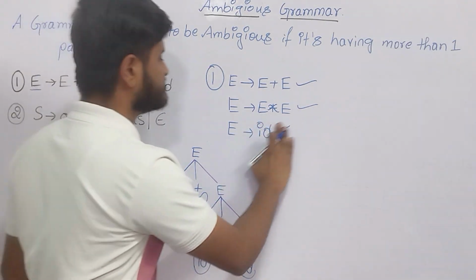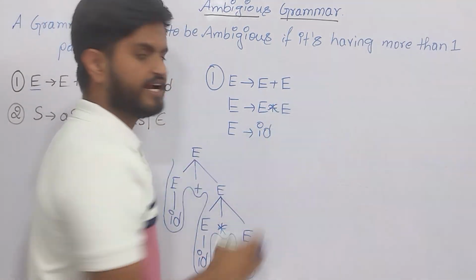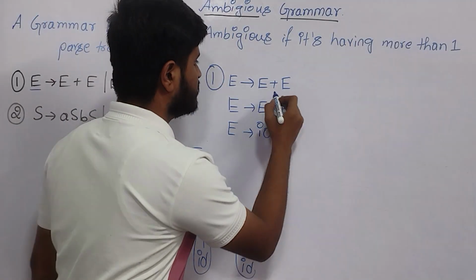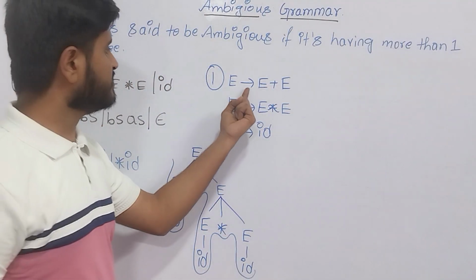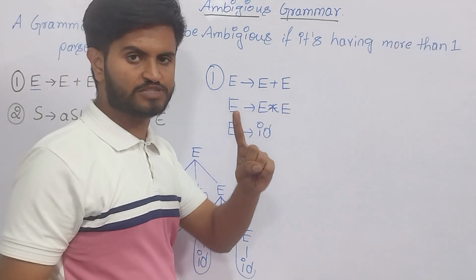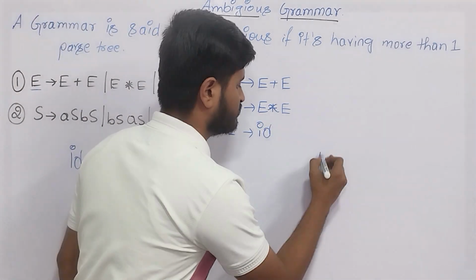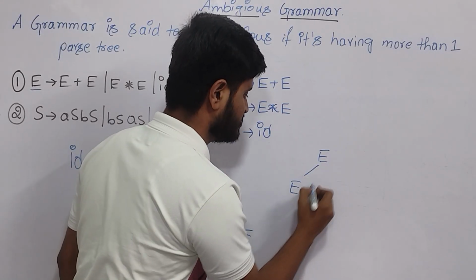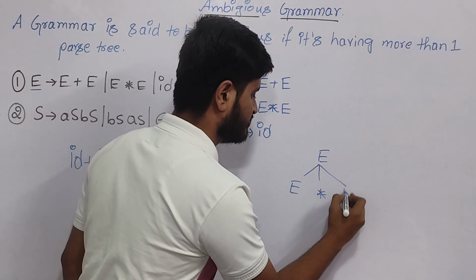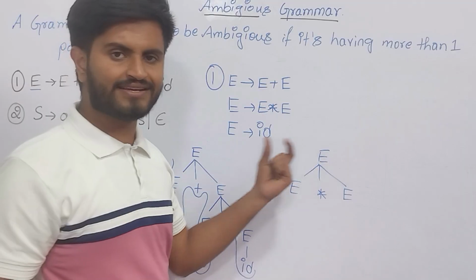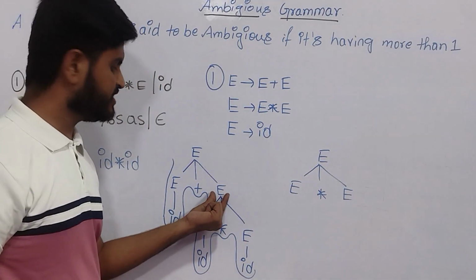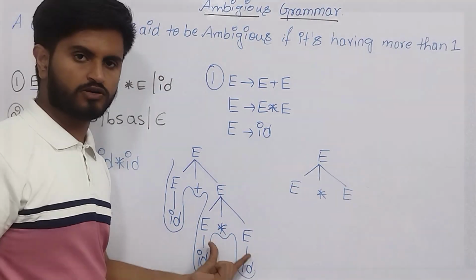Now let's use these same three productions and try to build another tree. In the first tree I used E giving rise to E plus E as the first production. Now I will use E producing E star E. While drawing the different parse tree, in whichever E you branched, use that same one.